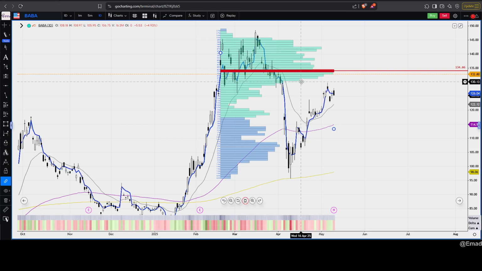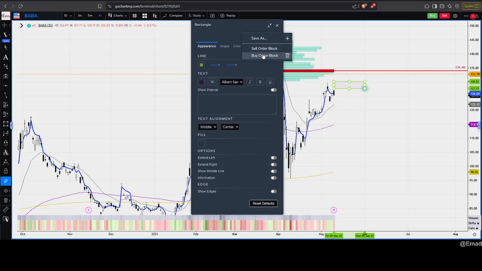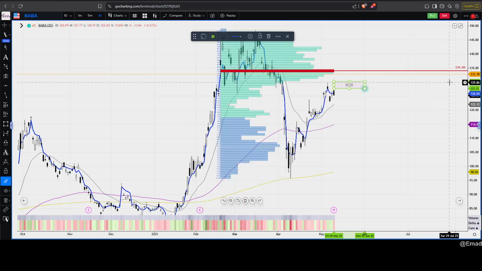So I expect 130 to act as support, and it is a very important one. The price might not go all the way down there. But anyway, let's start building. 130 is that 100% sure area that the price will not go below this level, the 130 level.